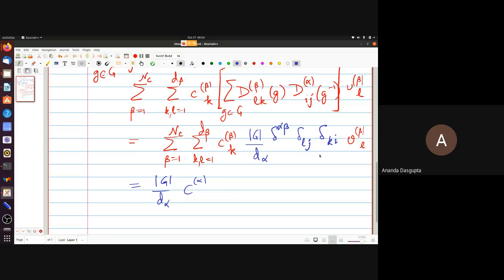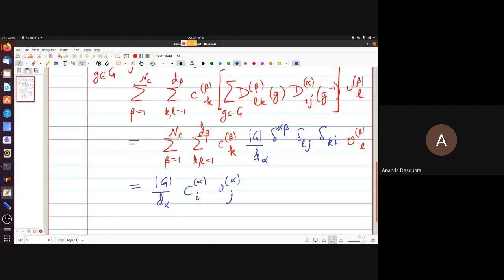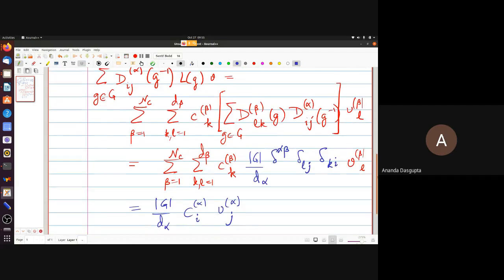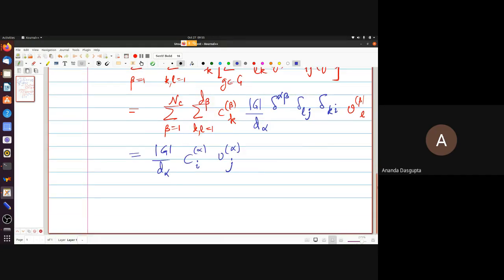Everywhere you have a K that's going to be replaced by I, C alpha I, and V beta, so that's V alpha, and L becomes G. So, end of the day, what has happened is we have got this.